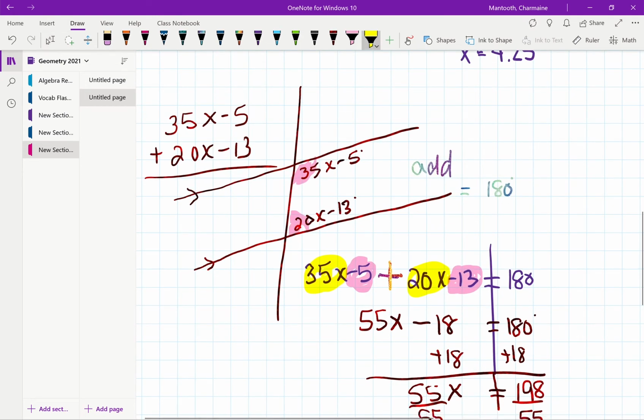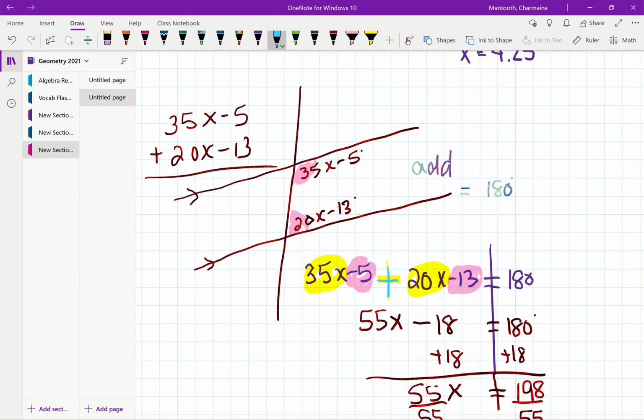I will be looking to see that when I add those two angles up, after I figure out what they are, that sum is equal to 180 degrees, because that's what I based my equation on: that adding the two angles up was going to give me 180 degrees.